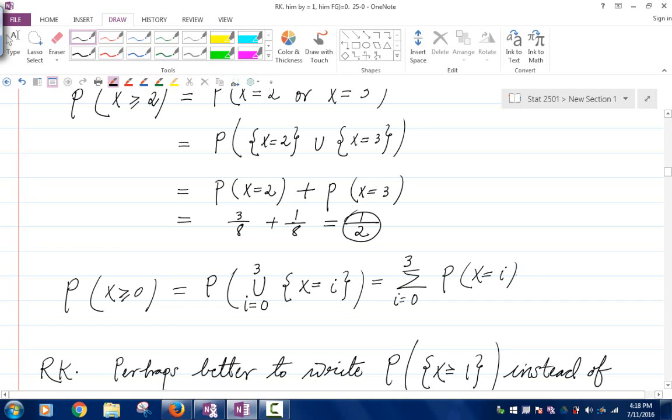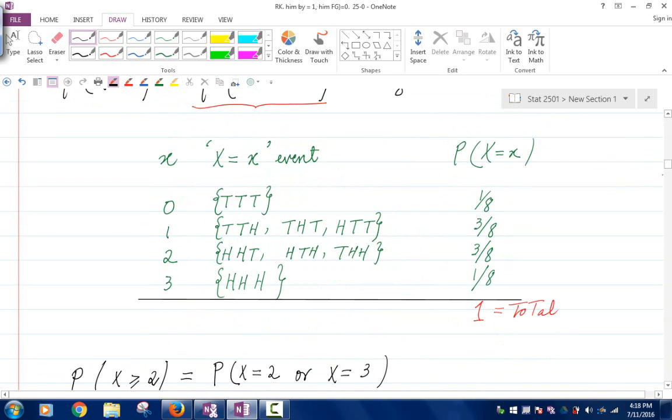So this is the sum of the probabilities of the values of X, and that's 1, which we saw in the table. The sum of the probabilities of all the values of X is 1.